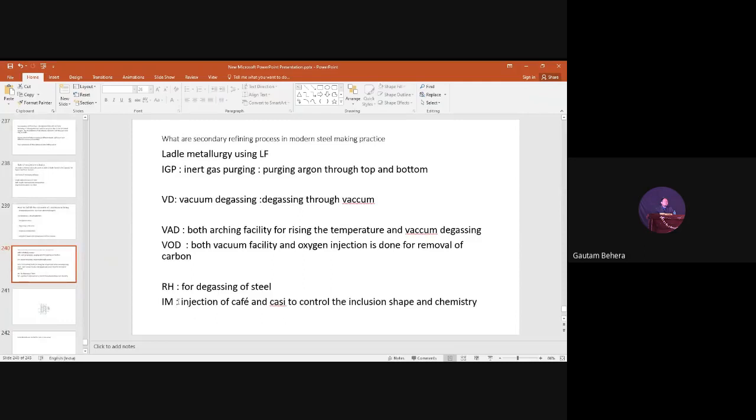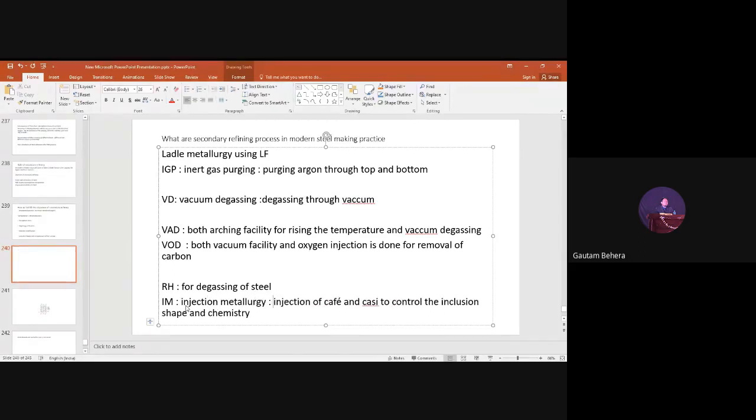Then IM, it is injection metallurgy actually. Injection metallurgy means we are injecting something into the molten steel. Basically, injection metallurgy is carried out for inclusion modification, to change the shape of the inclusions or to change the melting point of the inclusions, right?